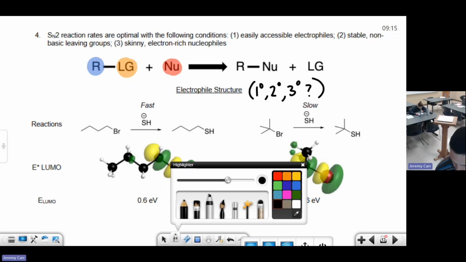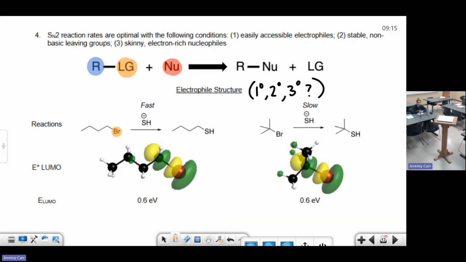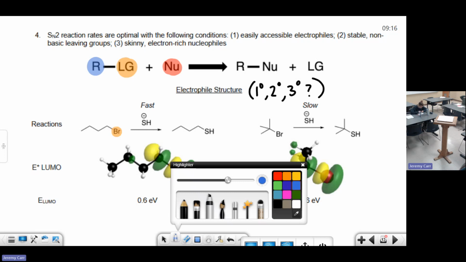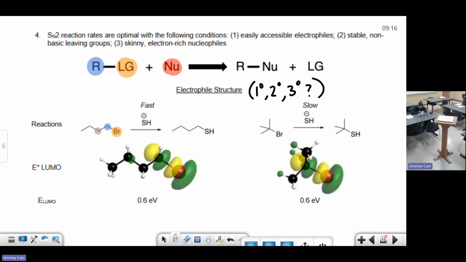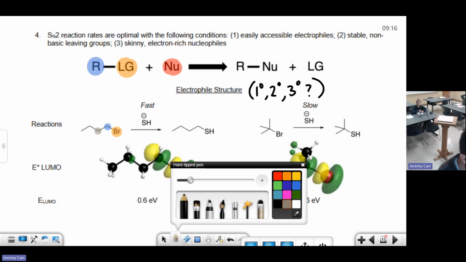So our leaving group was orange. The leaving group is connected to the electrophilic position, and the electrophilic position is touching how many carbons? The blue is only touching one carbon. So what type of an electrophile is this? Primary, secondary, or tertiary? This is primary.